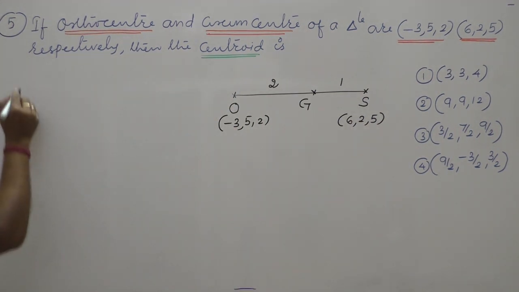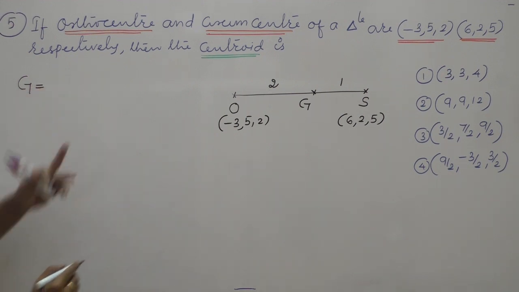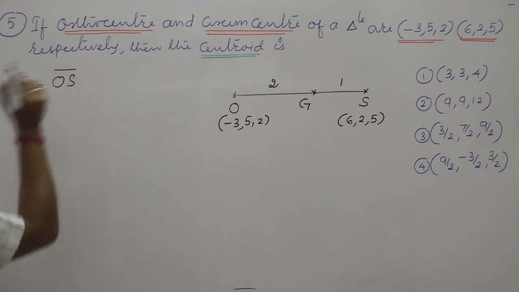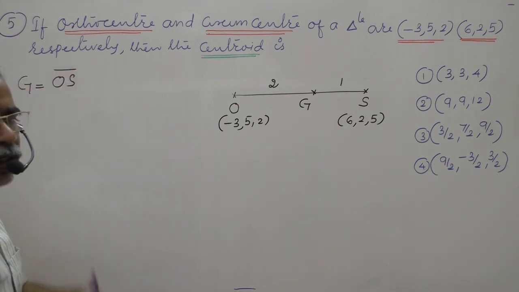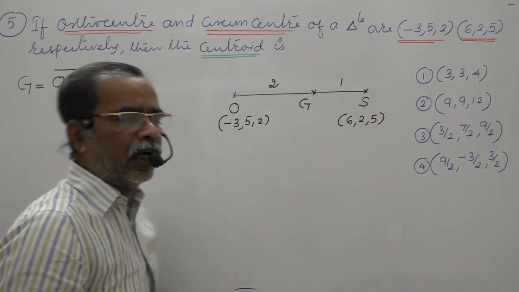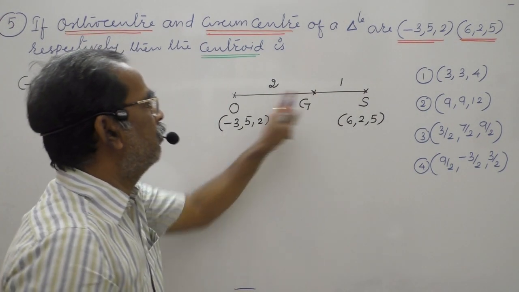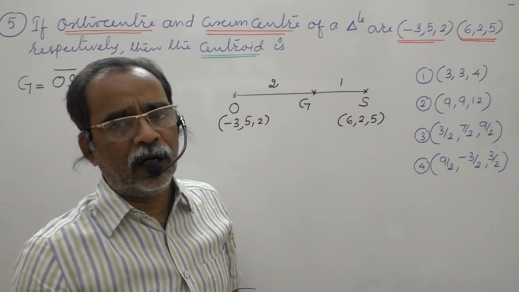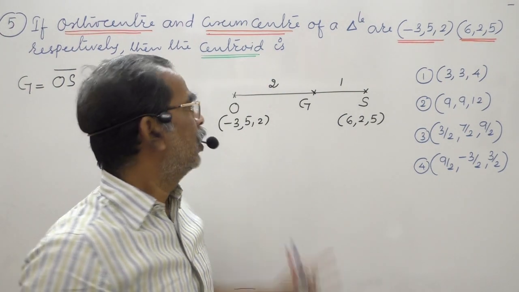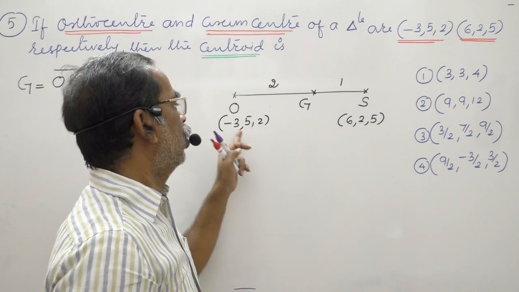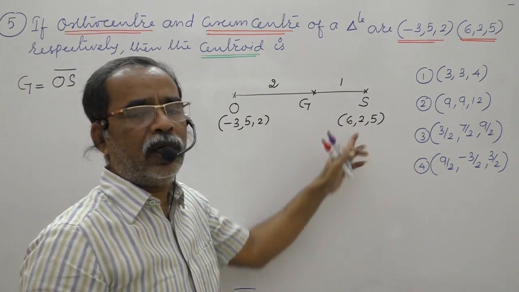So we need the centroid. Very simple. The centroid is denoted by G. In the problem, it divides OS bar. OS bar means the line segment OS. O is the first point and S is the second point. So G divides OS bar in the ratio 2:1 internally. Whenever a ratio comes, the order of the points is important because only the first point, only the second point.